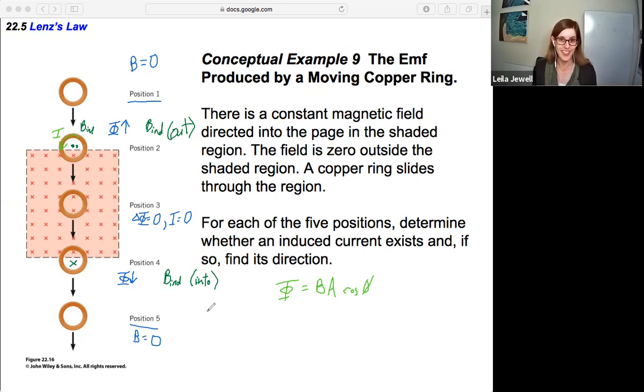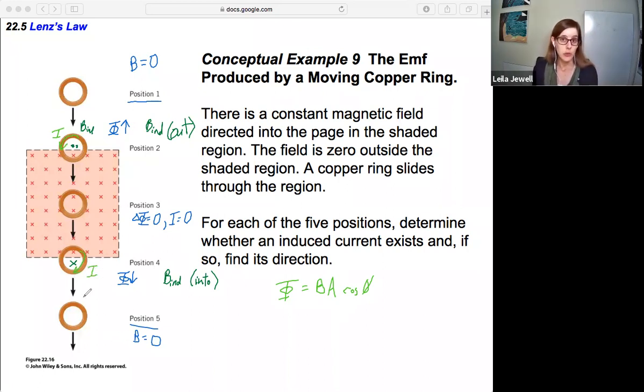Pretty wild, right? So the induced magnetic field is always opposing the change, whatever that change may be. Once we know the direction of the induced magnetic field, we can use our right-hand rule number 2, stick our thumb in the direction of the induced magnetic field, and use our fingers curling around for the direction of the induced current, which is now going clockwise.